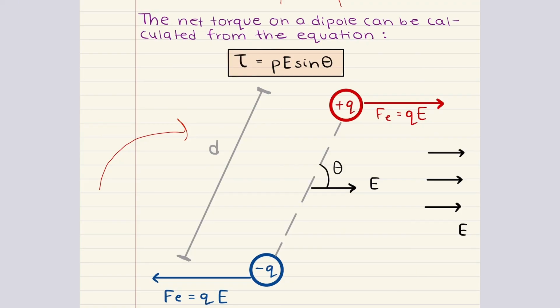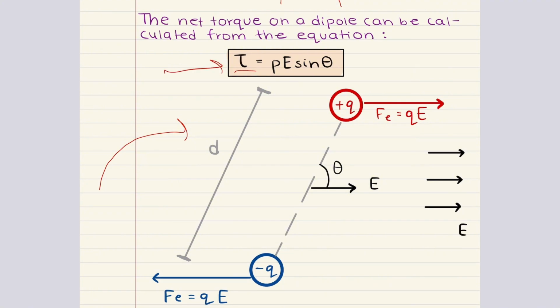However, because the forces are acting on two different points in the dipole, separated by a distance d, there is a net torque about the center of the dipole axis. The torque on a dipole in an electric field can be calculated using this equation right here, where tau is torque.